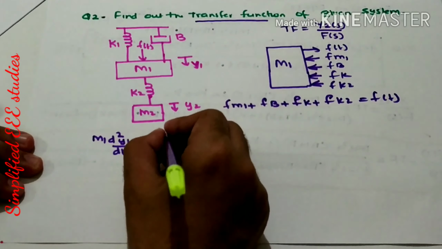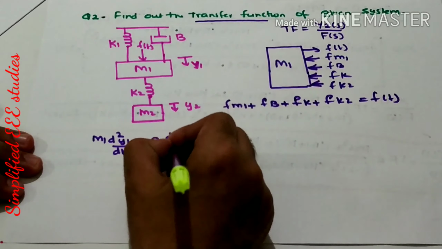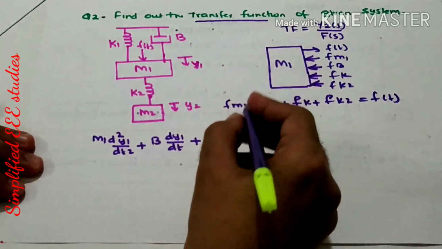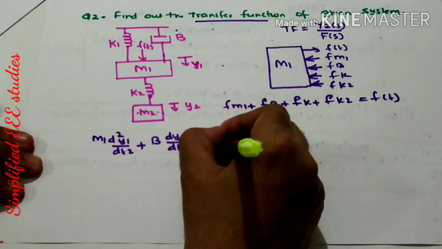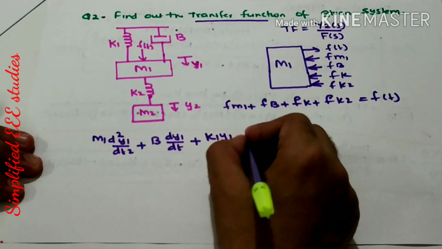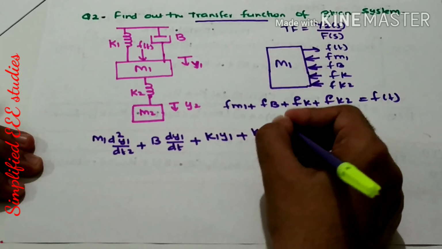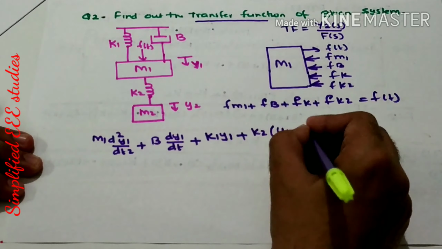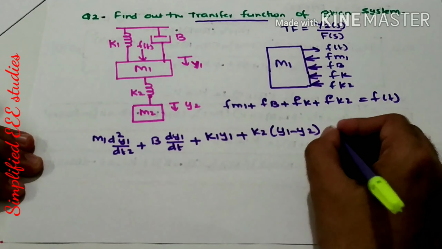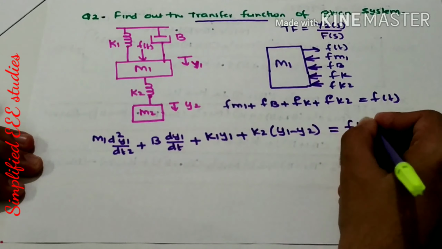Fb means b dy1/dt, plus k1 y1, plus k2 (y1 − y2), that is equal to f(t).